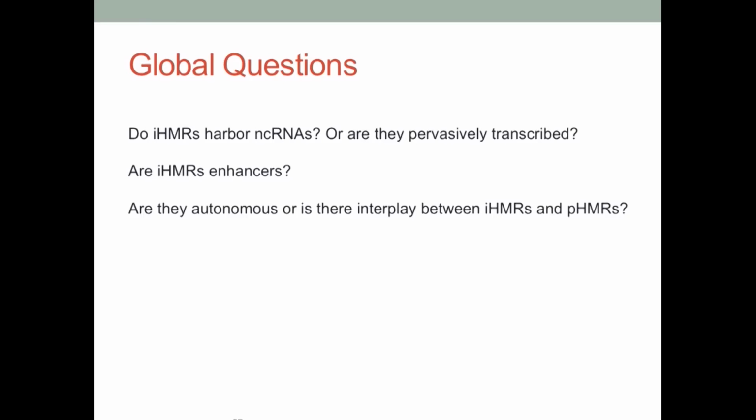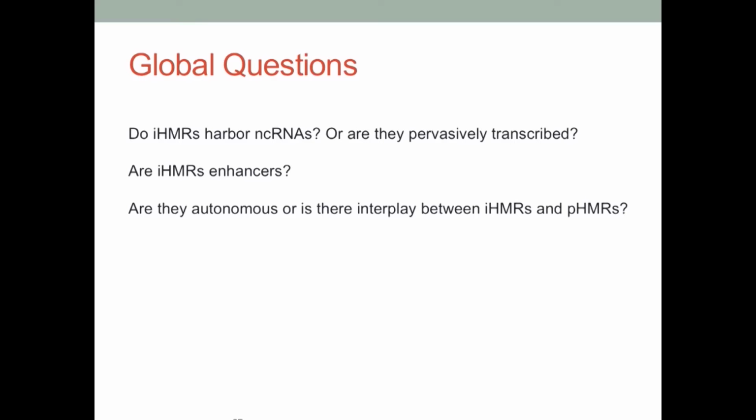So this brings up a lot of questions that we'd like to ask. Do IHMRs harbor non-coding RNAs? Are they pervasively transcribed? A lot of people who work on these kinds of data sets, who work on ENCODE, would say yes, that pervasive transcription is a feature of the genome.